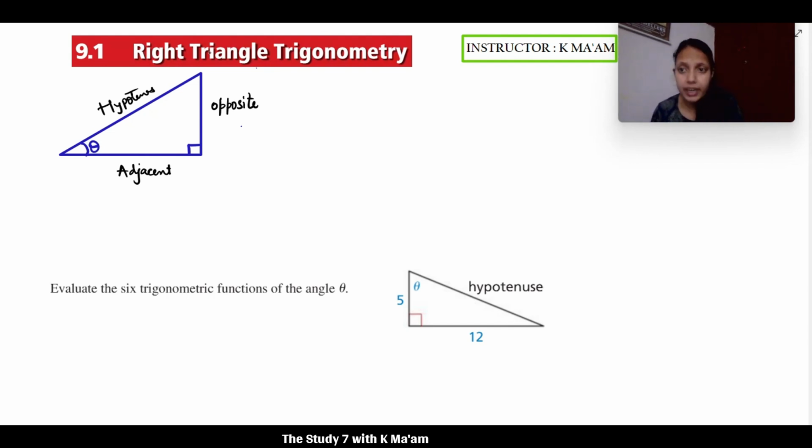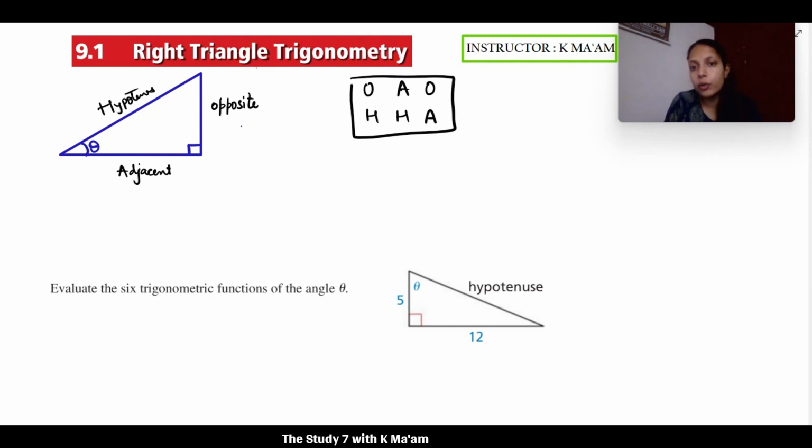Basically three ratios we have to know: sin theta, cos theta and tan theta. You can remember like OAO, HHA. O is the opposite side over hypotenuse side.